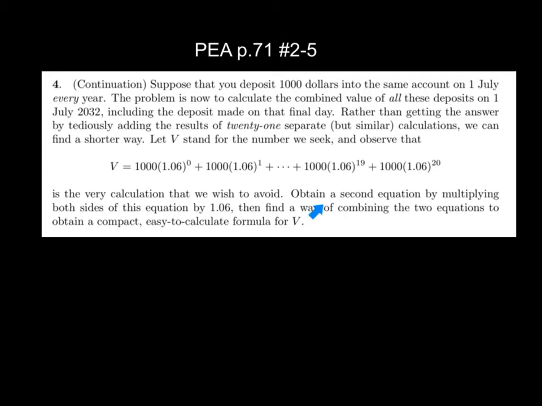So what it's saying is to obtain a second equation by multiplying both sides of this one by 1.06. So I'm doing 1.06 times that side, and then 1.06 times that side. What we end up getting is 1.06v.